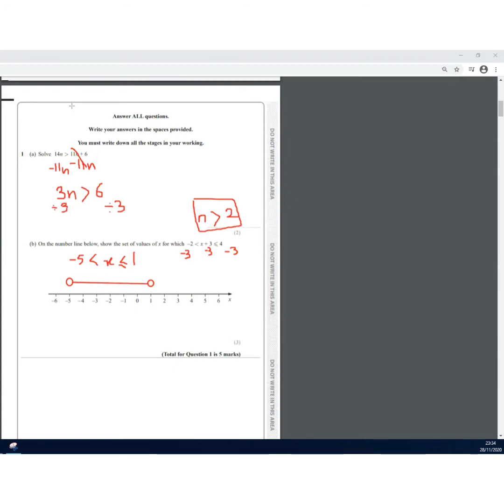And because one of the inequalities is also equal to and less than 1, when it's equal to, you would then need to shade that circle. Hence, this is now the number line for question number 1b. Let's move on to question number 2.